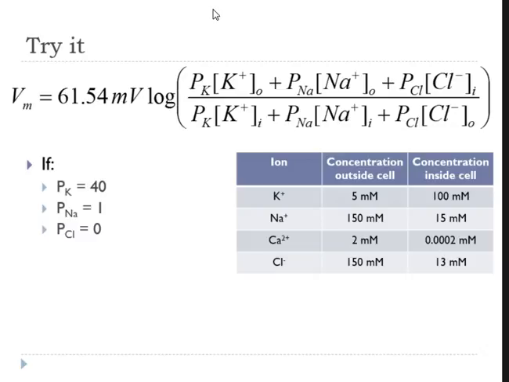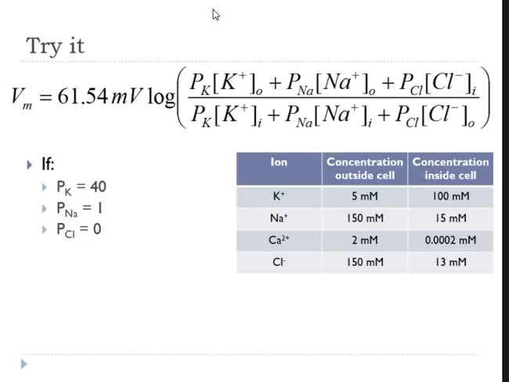One thing I'll point out as you're plugging numbers in is that this whole numerator up here is, effectively, all in parentheses. So you have to do this entire stretch here before you divide by what's down here in the denominator, right? It's not pK times K out divided by pK times K in.